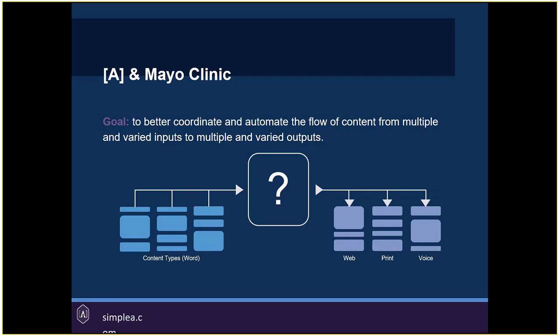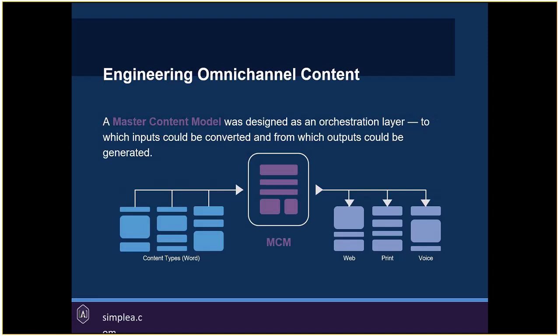How can we make them explicit so that we can better coordinate and automate the flow of content across the content lifecycle? And the answer to that question is the master content model. The master content model is essentially an orchestration layer. We try to define an abstract representation of our content that captures the content components and their representations across our entire enterprise and content lifecycle.